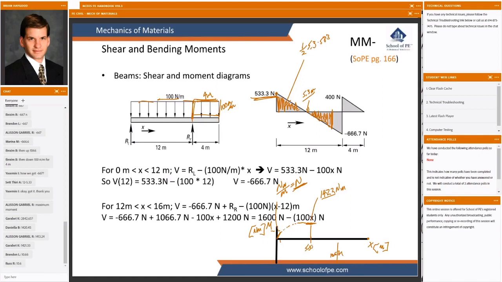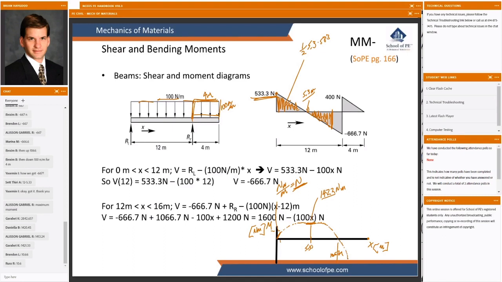So we should be starting with a slope of 0, and our slope would trend downward to a slope of negative 533 newtons, or newton meters per meter. So that shape, though I haven't done a great job of drawing it as such, should be parabolic and symmetrical between 0 and 10.7 meters. Our increasingly downward slope trend should continue to the 12 meter mark.